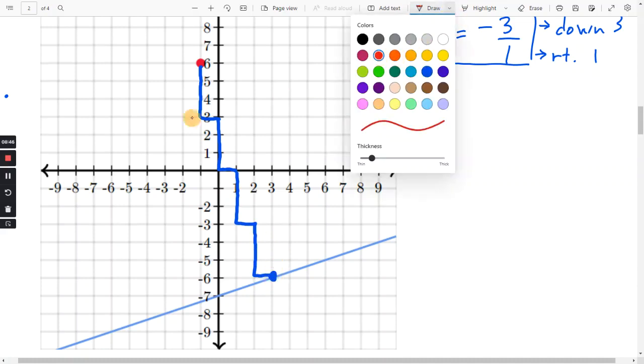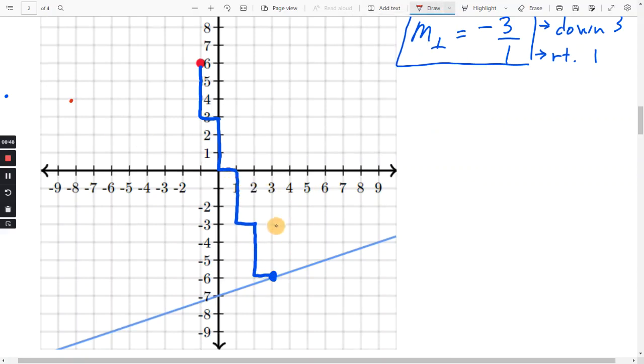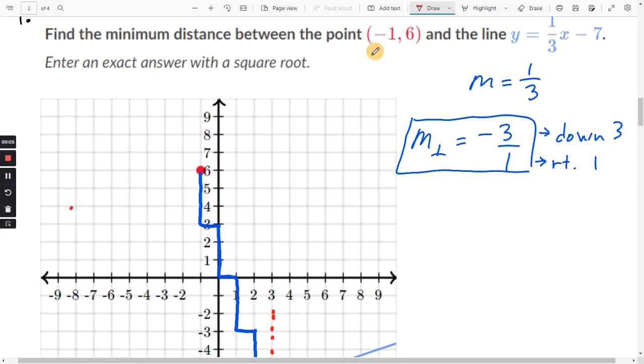And that point, we can see the x-coordinate on this point is at positive 3. And we can see the y-coordinate is at negative 6. Okay, and they gave us this point here is negative 1, 6.